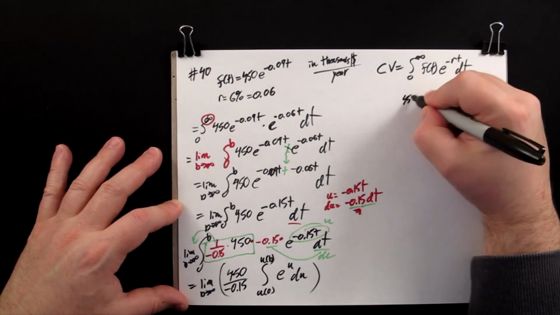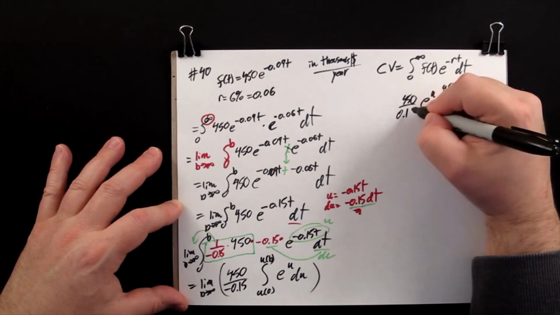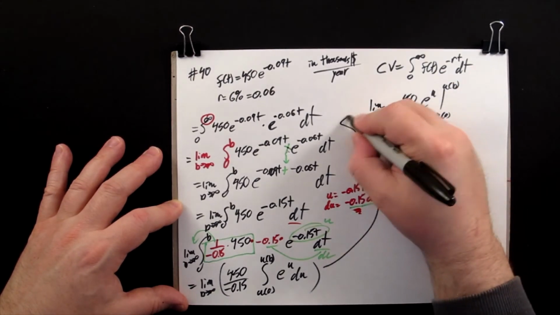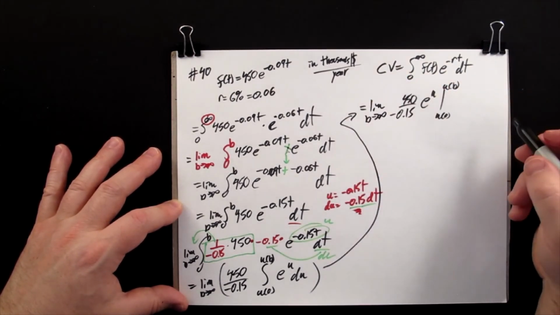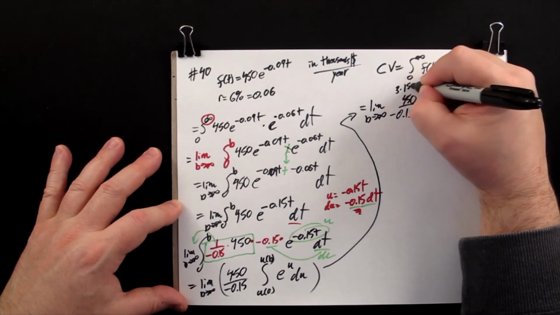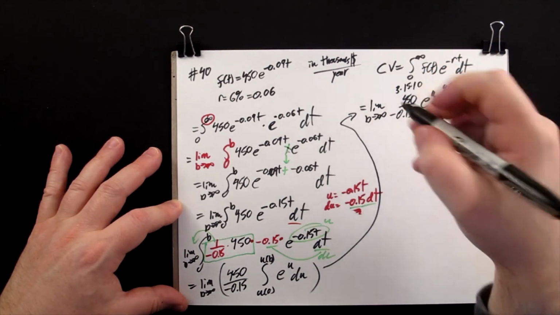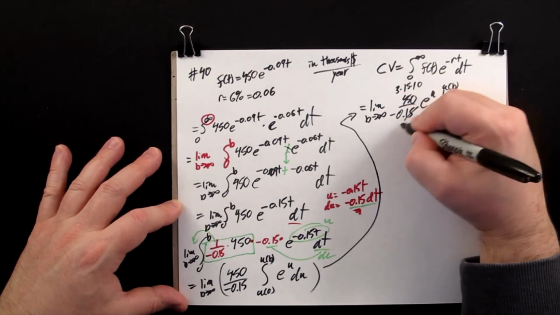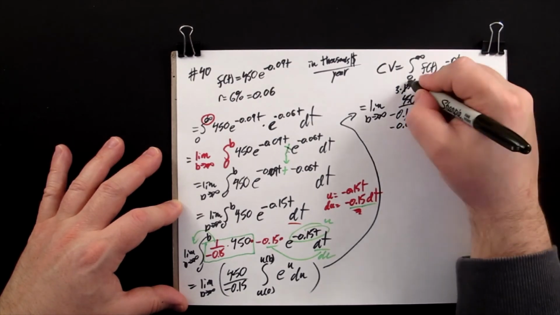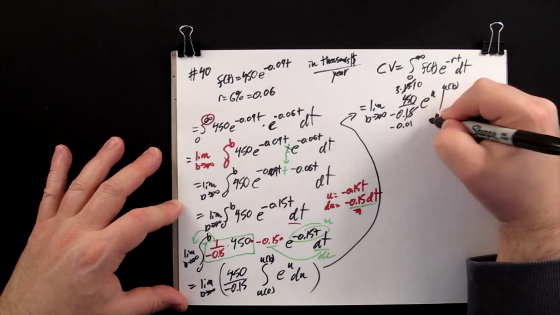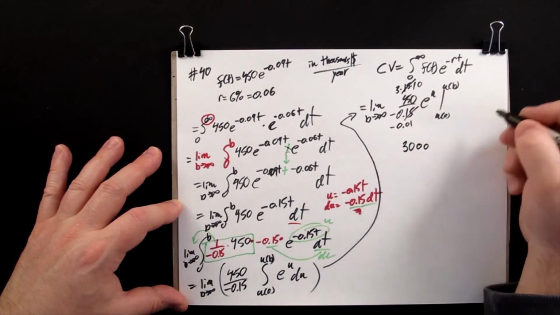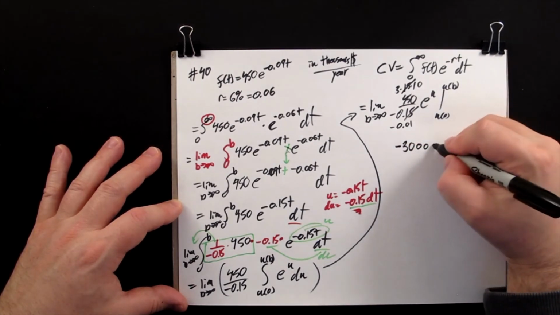You have this coefficient in front, which I'm going to evaluate shortly, limit as b goes to infinity. So this coefficient is 450 divided by negative 0.15; the 15s cancel, so you have 30, then shift the decimal over twice, so 3,000, and it's negative, so negative 3,000.